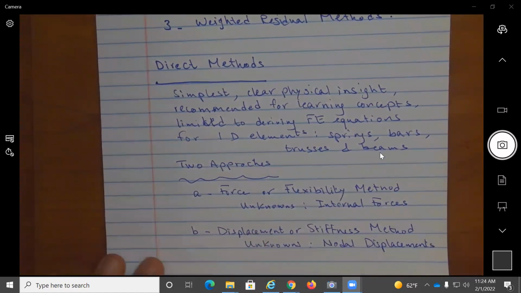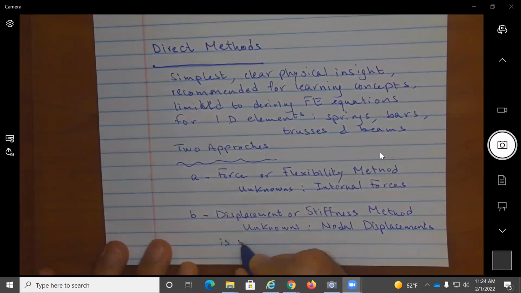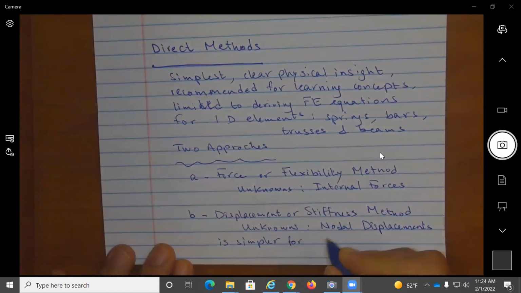And this is the one we used for our spring element, because the stiffness method or the displacement method is simpler for computation and formulation.